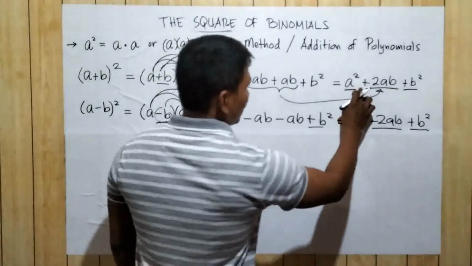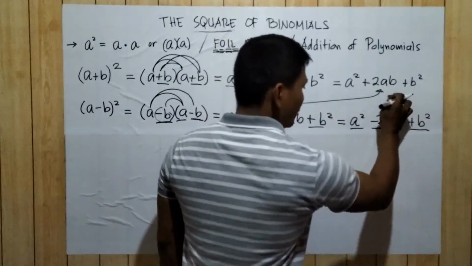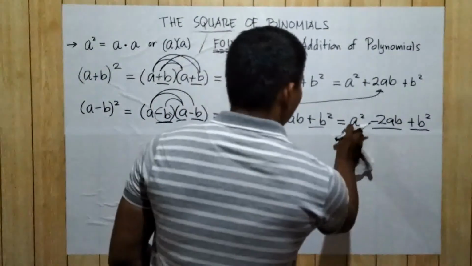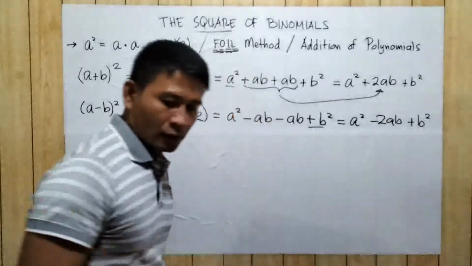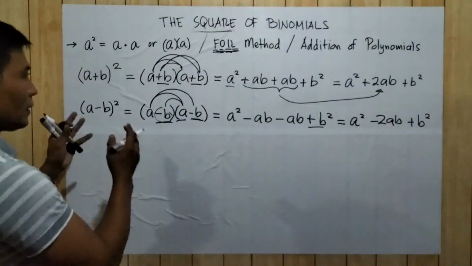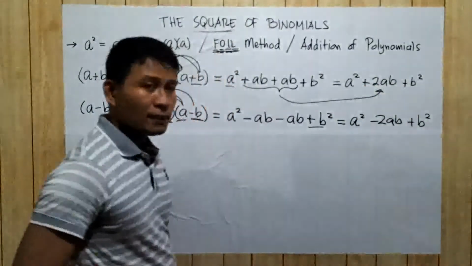Okay, so kung tatanggalin po natin to para malinaw po ang sagot natin, makikita po natin sa ating (A plus B) squared, A plus B, quantity squared, ay magiging A squared plus 2AB plus B squared.